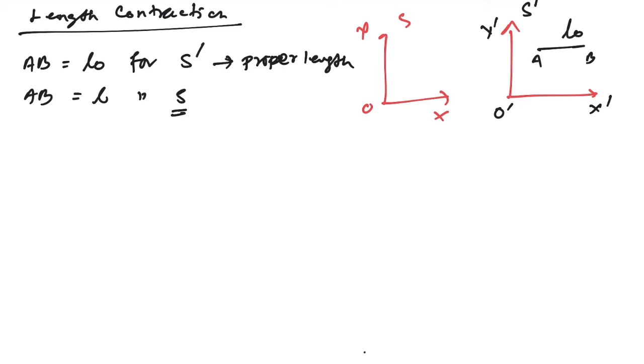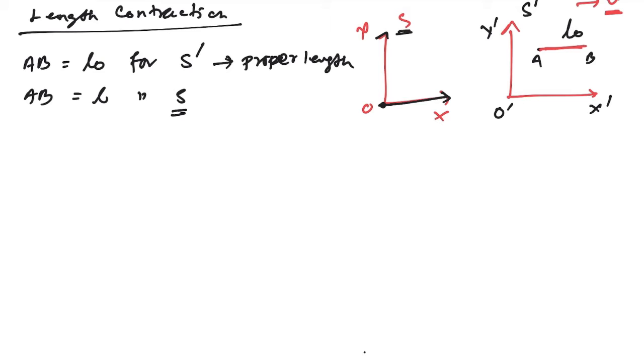Now here you see, with respect to this system of coordinates, this frame of reference, remember one more thing. Suppose this rod AB is moving with velocity v along the x direction, and the frame of reference is also moving with this object along the same direction with the same speed v.